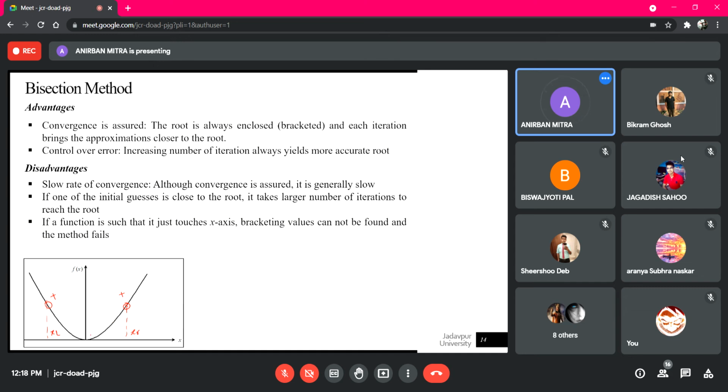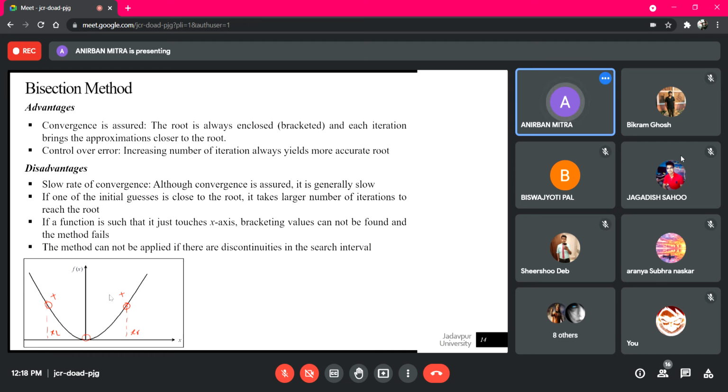But you can see that here at this point, this f(x) does indeed become equal to 0. So there is a root at this point. But bisection method will not be able to find this kind of a root. So that is a limitation for this method.